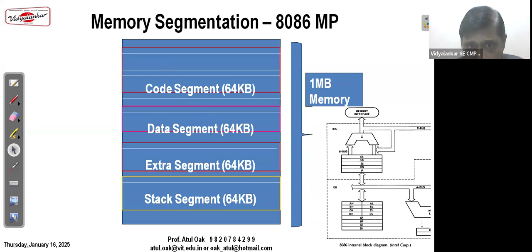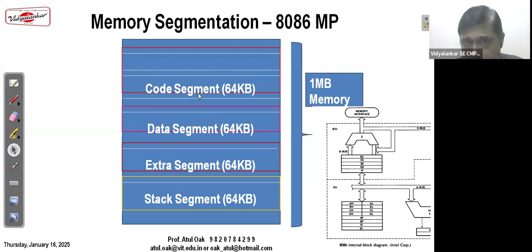Suppose my processor wants to work on a code segment. ये जो रेड कलर का छोटा सा बॉक्स मैंने यहाँ पे दिखाया है वो है कोड सेगमेंट, which is 64 KB.